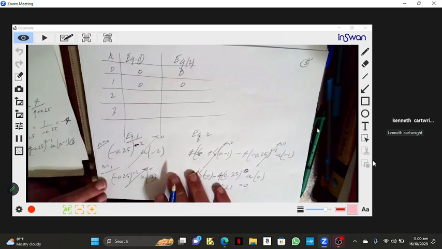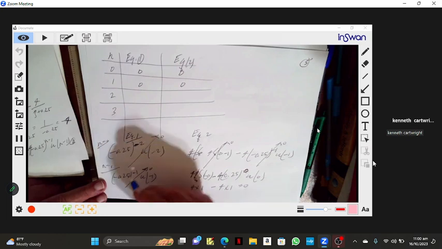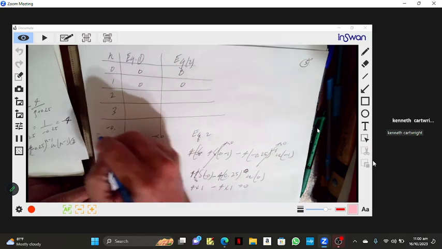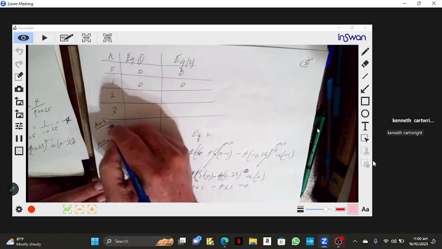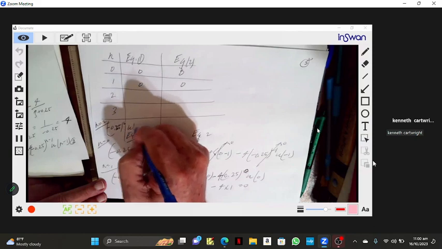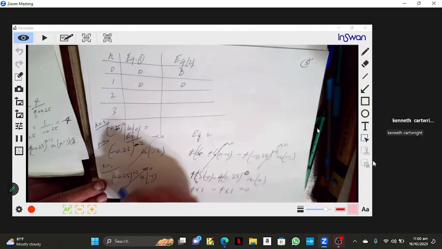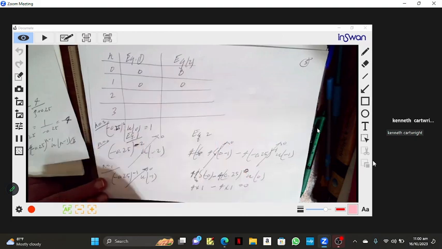And then the last one I'm going to do is 2. So equation 1 is negative 0.25 to the power of 0, u of 0, and that's 1.